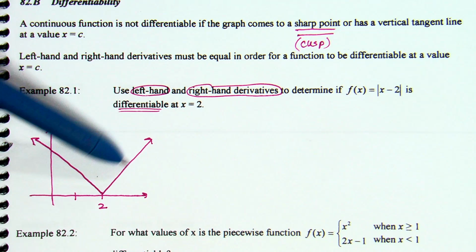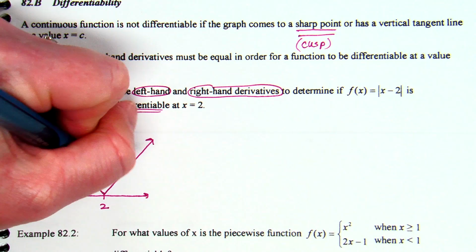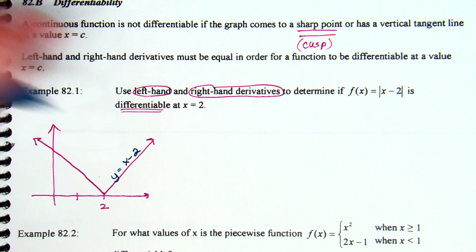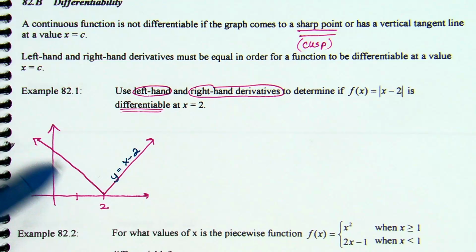So, what is the equation of the right side of the V? We're just looking at the right side of the V. This is the equation of the line y equals x minus 2, which is just the positive version of whatever's in the absolute value, correct? Now, what about the left version? Is this also y equals x minus 2?